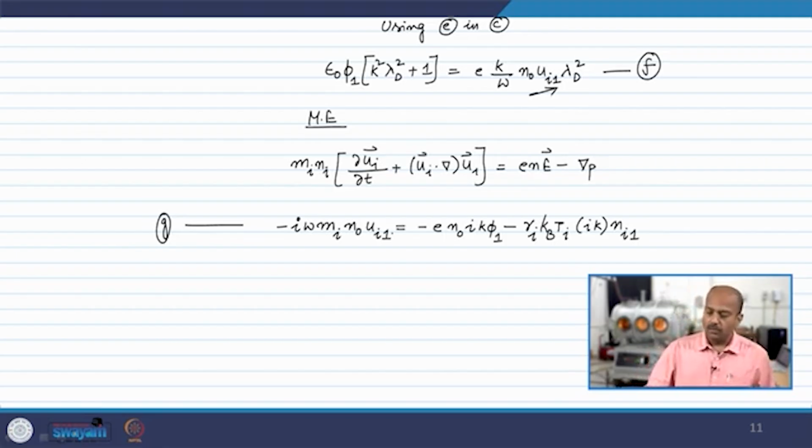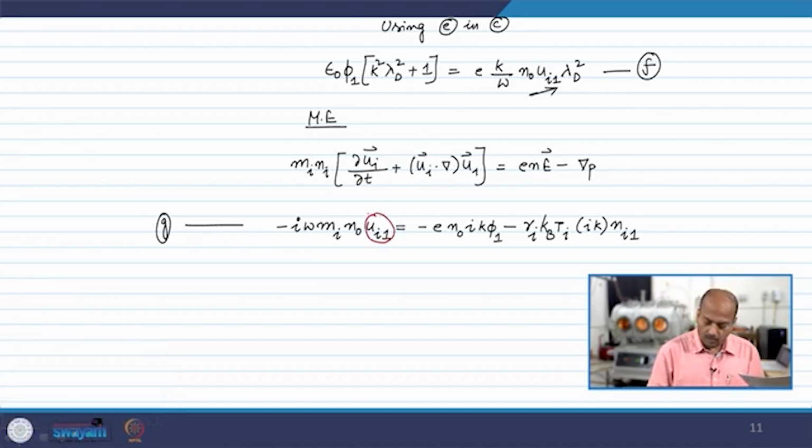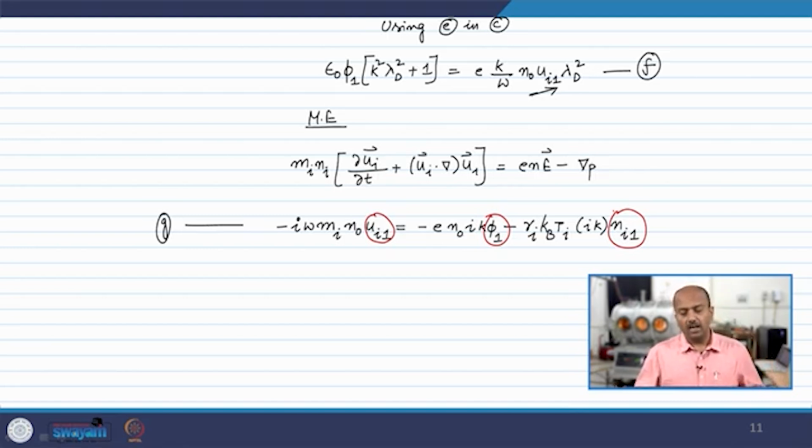No. Ultimately, when we derive the dispersion relation, it will be in terms of omega and k and temperature kB, etc. But it cannot be in terms of these perturbed variables, right? Now we have to eliminate this.